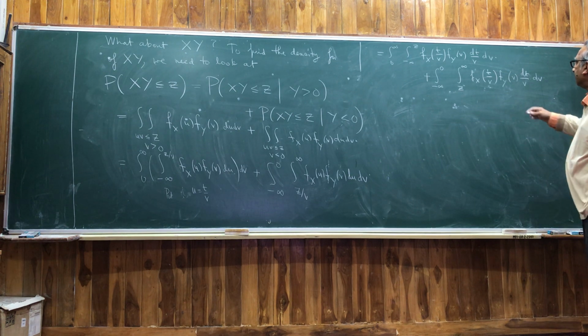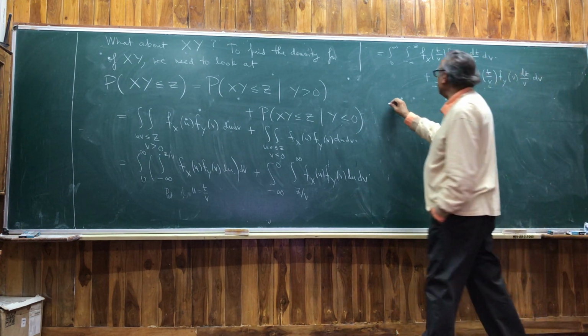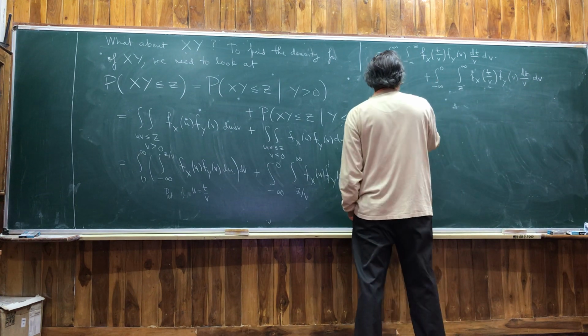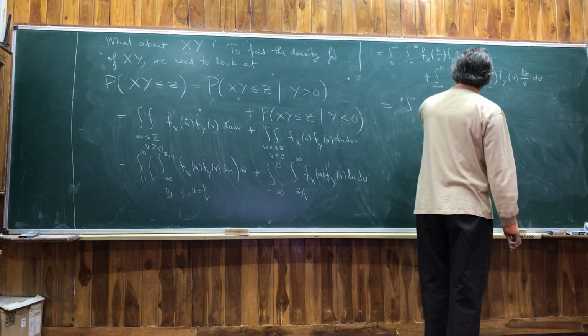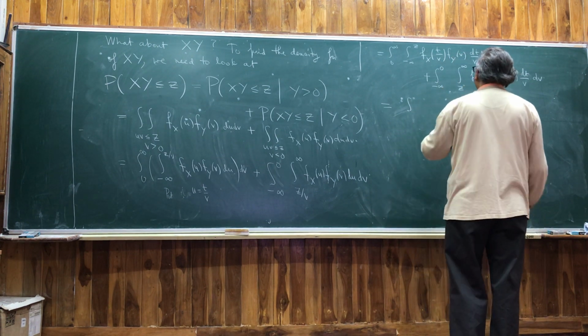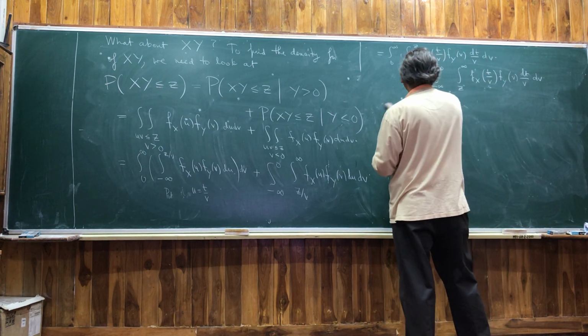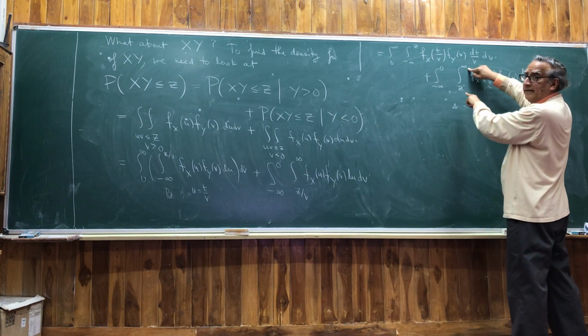Now, in this range, v, which is the outer argument here, is going from minus infinity to 0. It's negative. So all of this can be subsumed as an integral from, so before I do the next line, I have an integral from z to infinity.